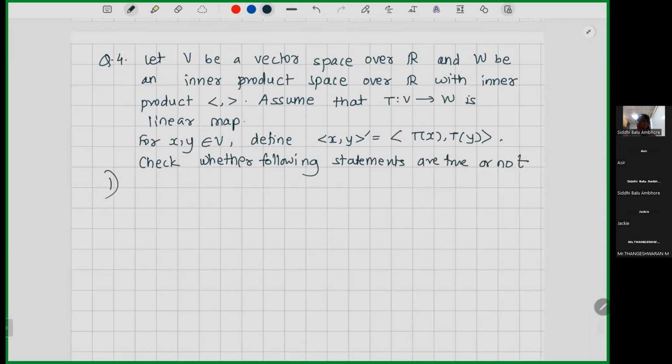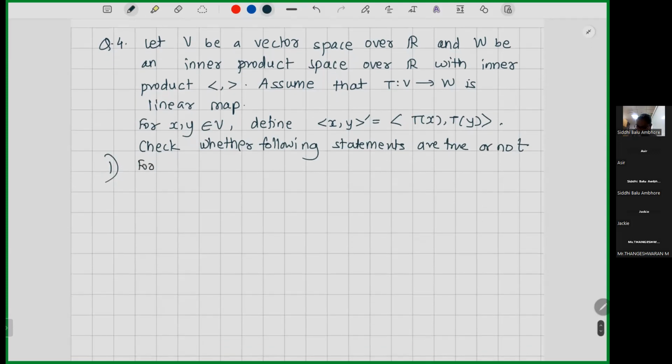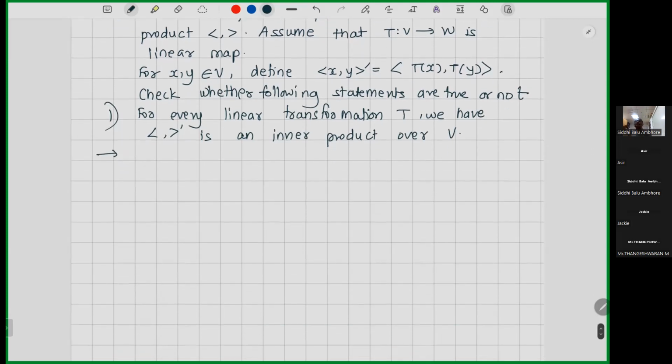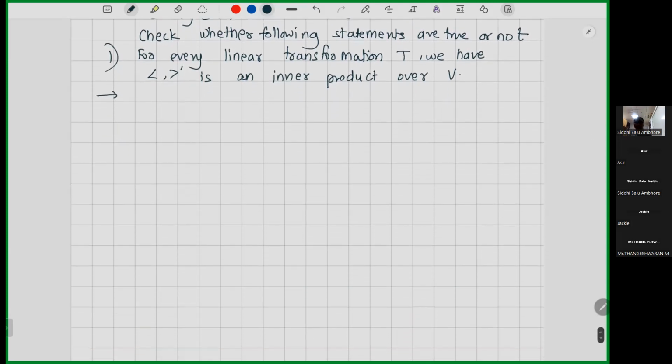Okay, so first one is that for every linear transformation T, we have this new map is an inner product over V. And what is your guess? So they are saying that T need not have any condition.